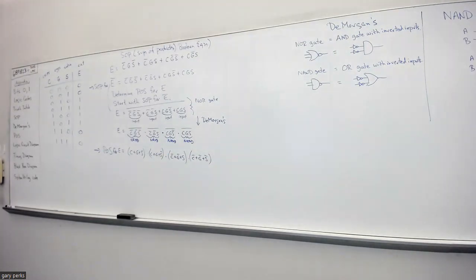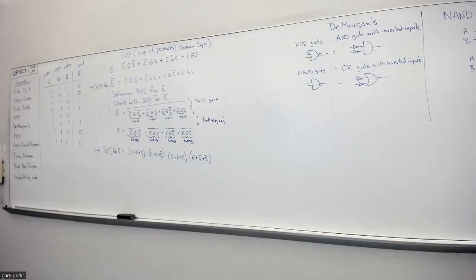So for that equation, it's just going to be 4 OR gates, 3 input OR gates, with 3, 1, 3, 3, 1, 3 inputs. And then the outputs of the ORs are just going to go to the AND. And here will be your expression for POS.